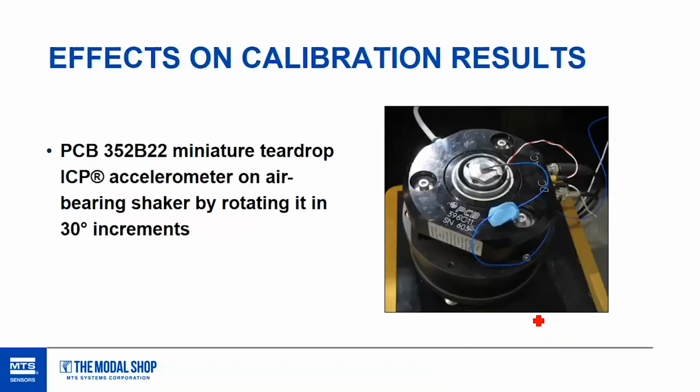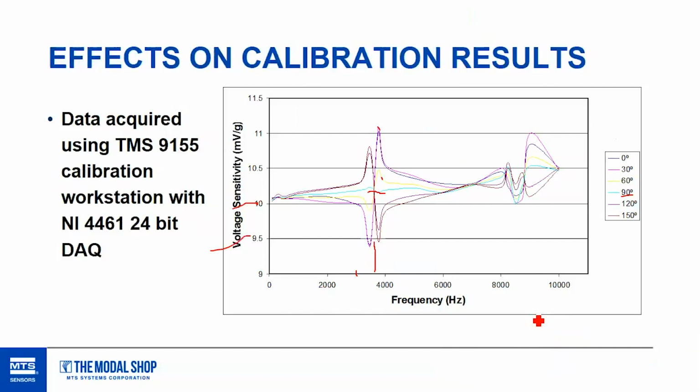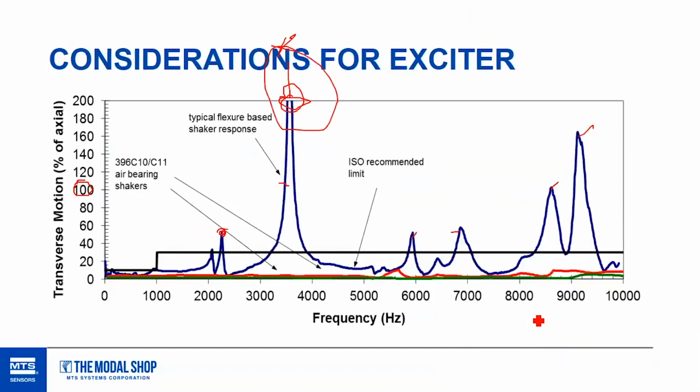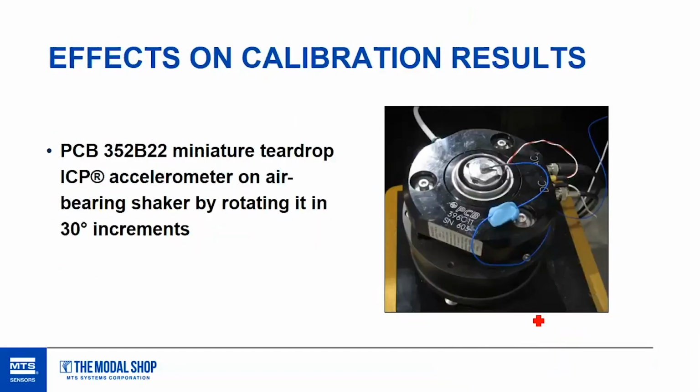And so we did the same test here on an air bearing shaker. And spoiler, back on this plot here for transverse motion, the green and the red line at the very bottom there are actually the percentage transverse motion of an air bearing shaker. So it's very, very low transverse motion in comparison to a flexure shaker.